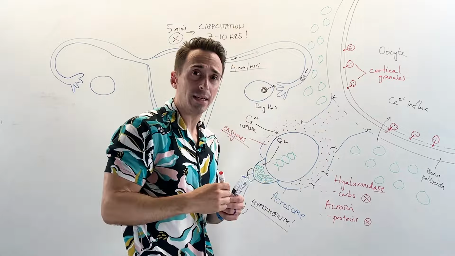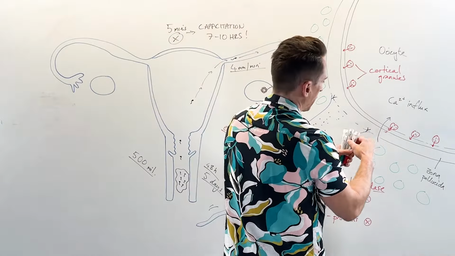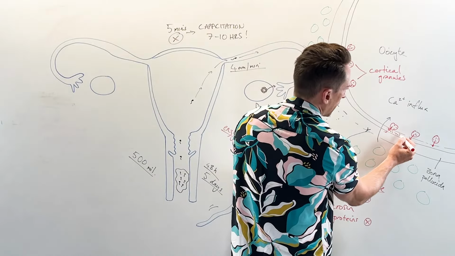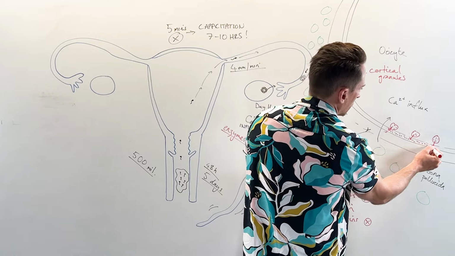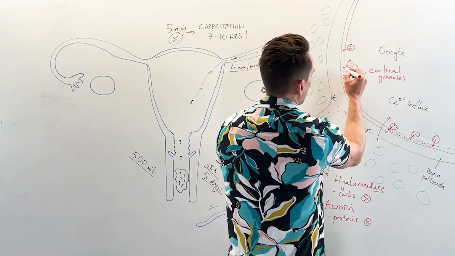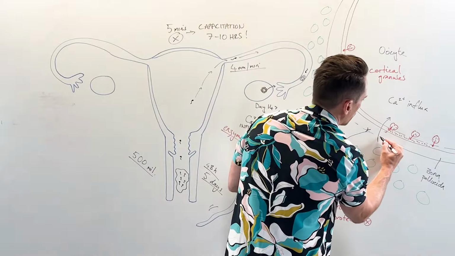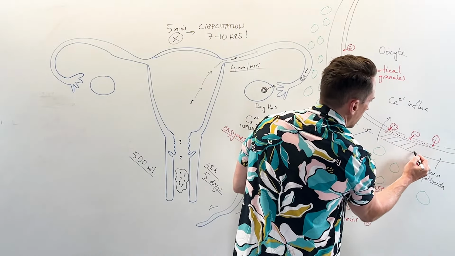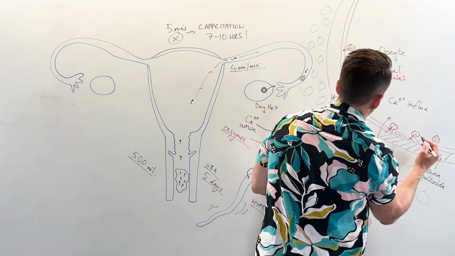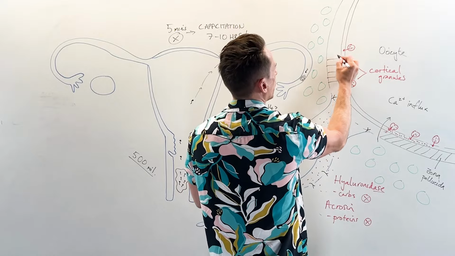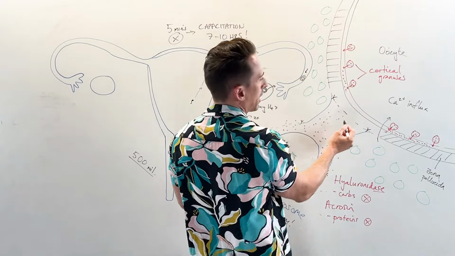Now this space is very important because once the granules are released into this space, it results in the zona pellucida hardening, everywhere else but the part that it's bound to.